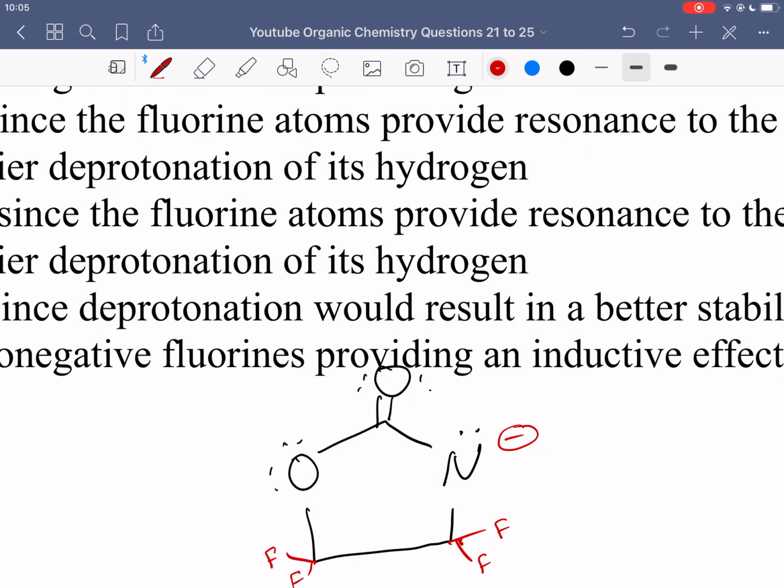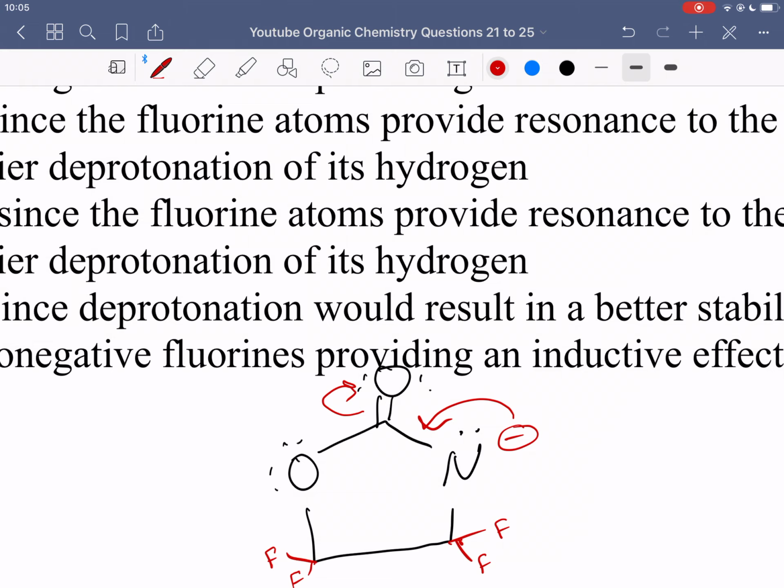First of all, when I have an amide, I have the ability for resonance to take place. So that negative charge can be offset a little bit because it's donating into that carbonyl system, and so the negative charge is distributed between the oxygen and the nitrogen. So that makes the conjugate base a little bit more stable because it can handle the negative charge.